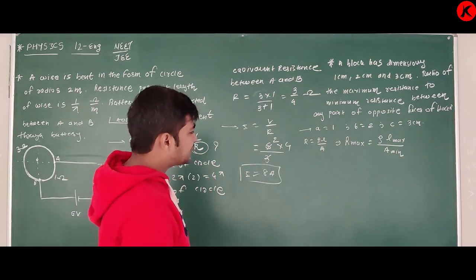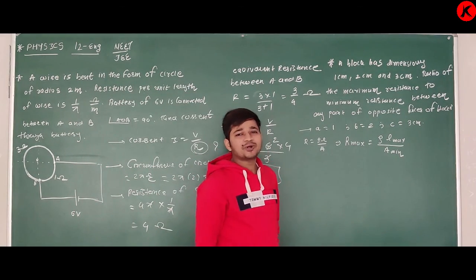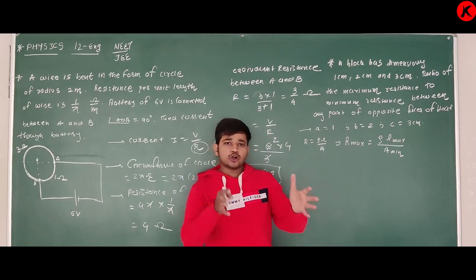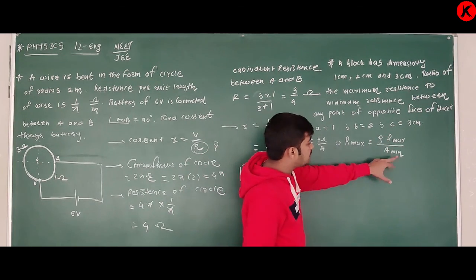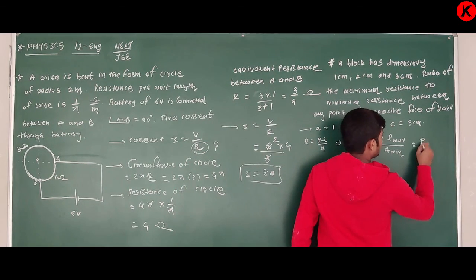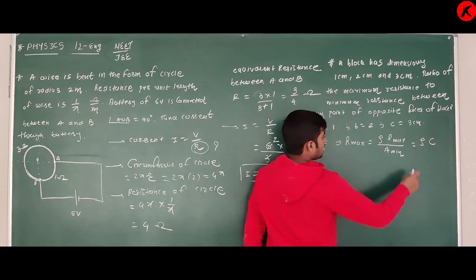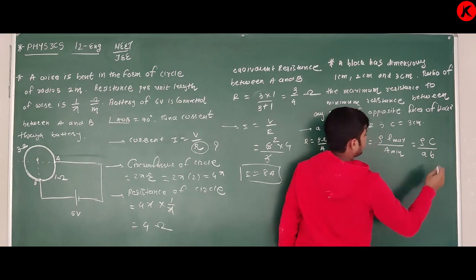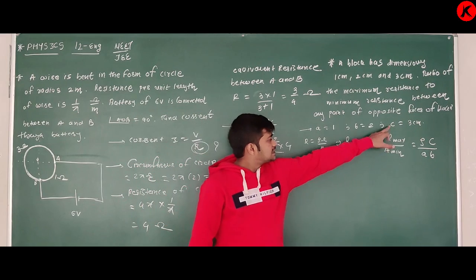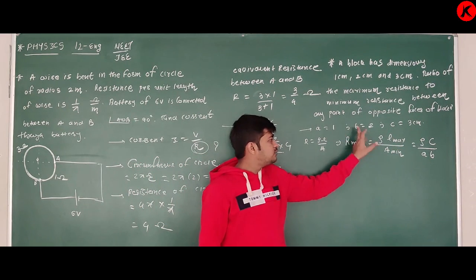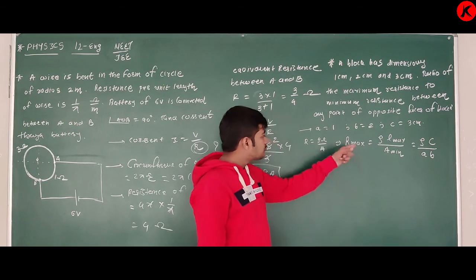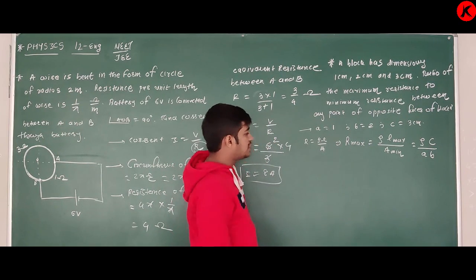Now with the help of trial and error method, you have to identify for which combination length is maximum and area is minimum. See, I will write here R is equal to rho C divided by AB. C is 3 and A into B is only 2. Yes or no? Yes. So for R maximum it is rho C upon AB.